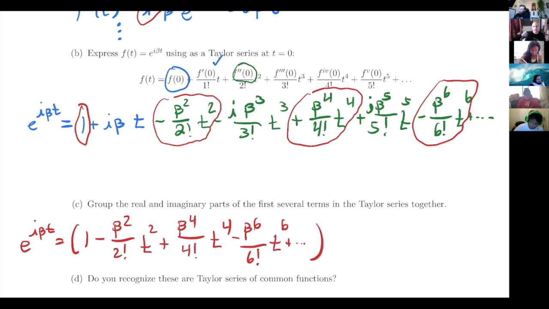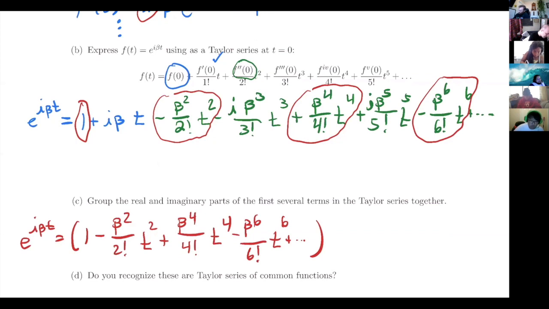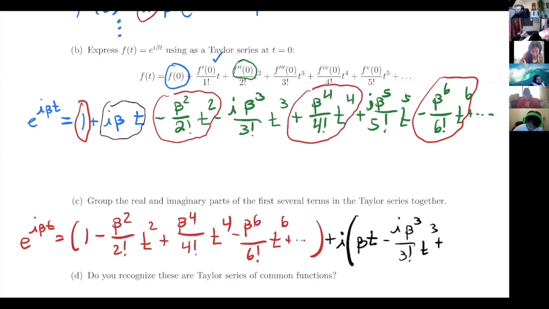So we get something that looks like this, which hopefully looks a little bit familiar. And then we have a bunch of imaginary terms, which are the remaining things that I can pull an i out from each of those. And that would leave over here just beta t. And then the next term would be minus i beta cubed over 3 factorial t cubed, plus i times beta to the 5th over 5 factorial times t to the 5th, and so on.